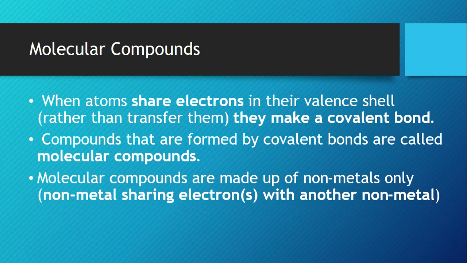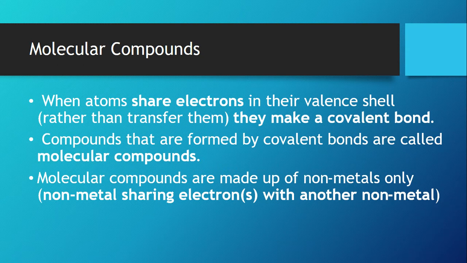Now the difference between ionic compounds and molecular compounds is that whereas in ionic compounds we have that transfer of electrons, in molecular compounds we have a sharing of electrons, and the only elements that can share electrons but still achieve that full outer shell are nonmetals.